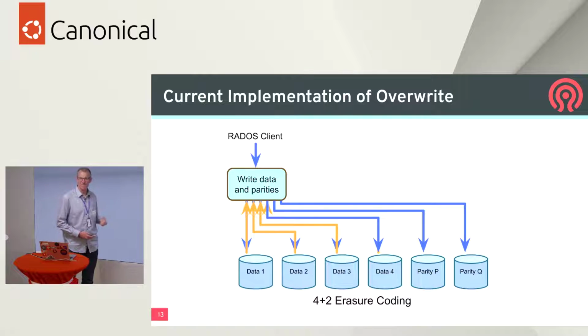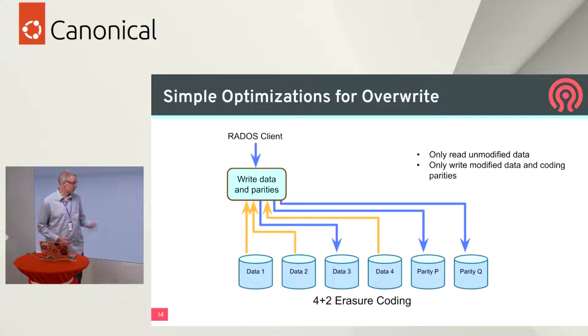I've only changed 5%, so why am I writing all of the unmodified stuff back again? So a very simple optimization: only read the data that's not being modified, merge in the new data, so now I've got all of the data, calculate the new parities, and then only write the modified data and the modified parities. And so you can see, with this optimization, I've essentially halved the amount of I/O I'm doing.